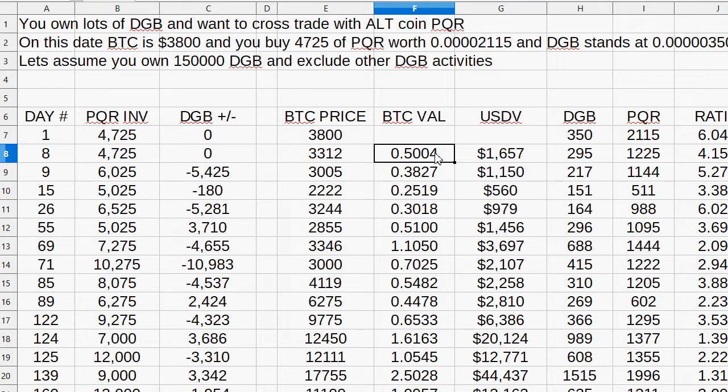Your overall net value would have been about 0.5 Bitcoin. Not bad. And that would be worth $1,657.